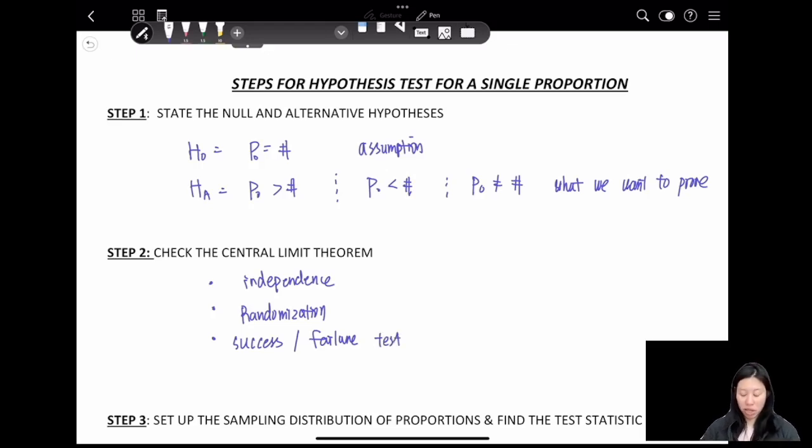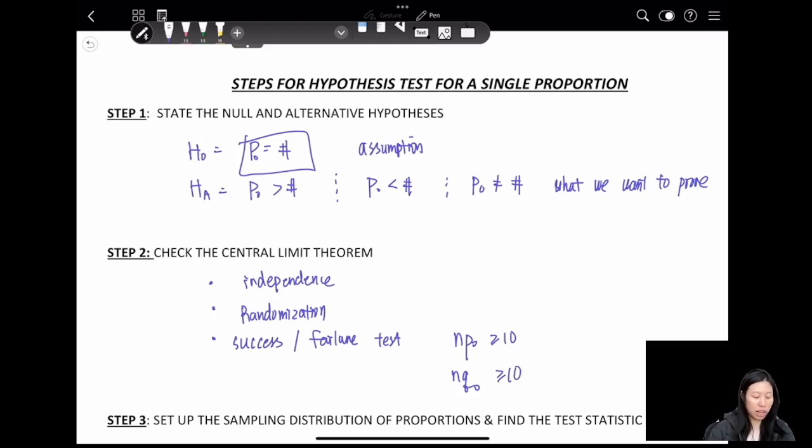Okay, remember when you test it, this hypothesis is built around the null hypothesis. So that's why when we multiply by the success rate, it has to be the null hypothesis success rate. It has to be greater than 10, and this is less than 10.